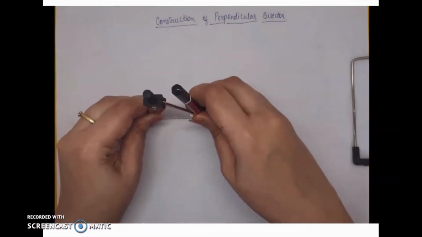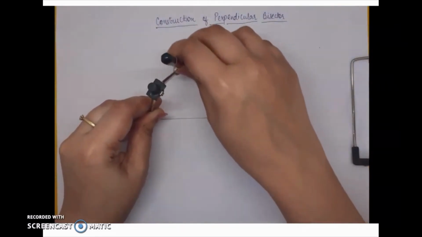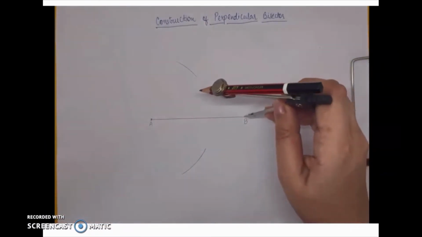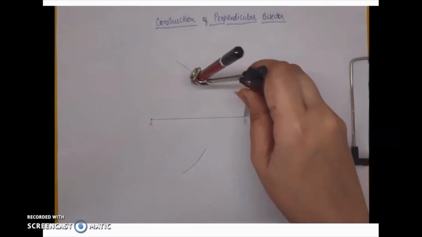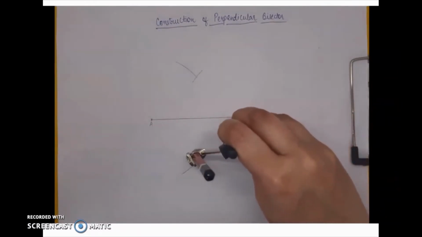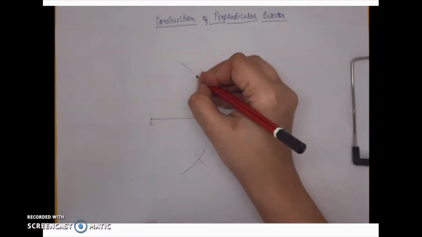So method is with A as the center and with any radius more than half of the length of AB, you will draw two arcs above and below AB. Then without changing the radius, with B as the center, you will again draw two arcs above and below AB, which will intersect the previous two arcs.